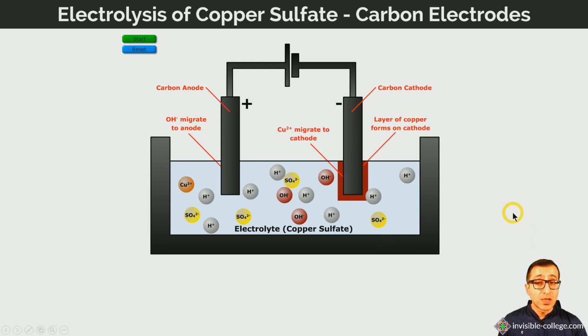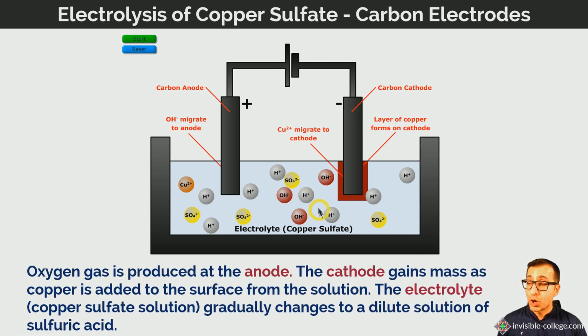In this reaction, oxygen gas is produced at the anode, and the cathode will gain mass once again as the copper ions attach themselves to the surface and gain electrons to form a solid deposit of copper metal. As this happens, the electrolyte will gradually change to a dilute solution of sulfuric acid because we are losing copper ions, and what's left behind is hydrogen ions and sulfate ions.